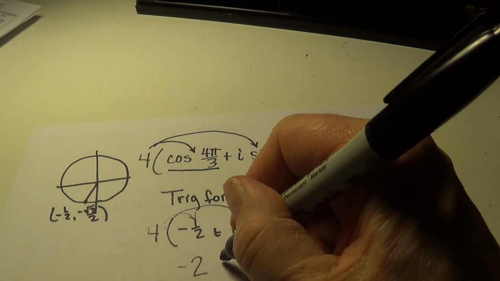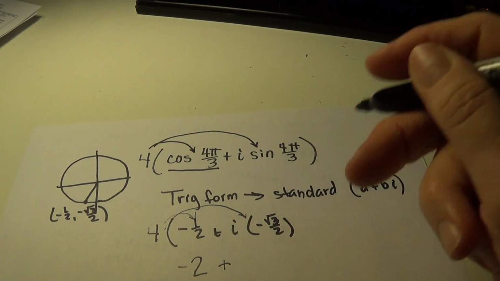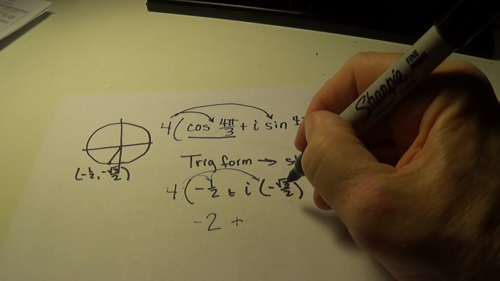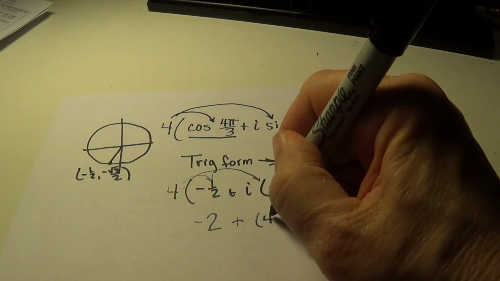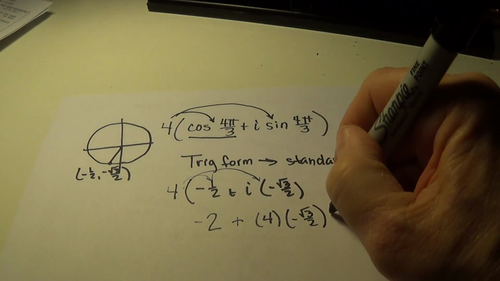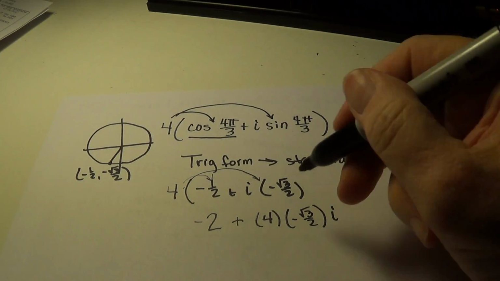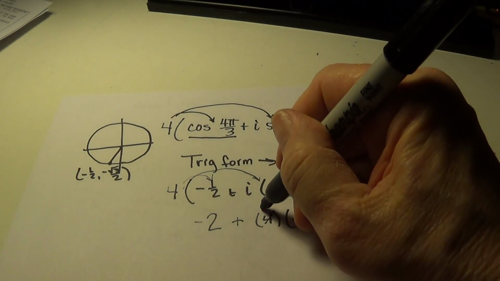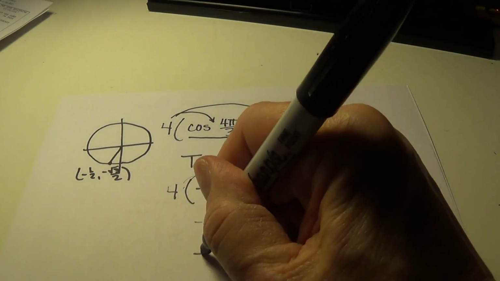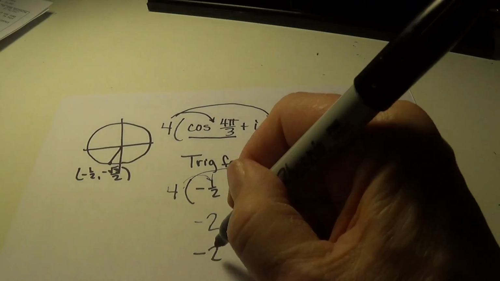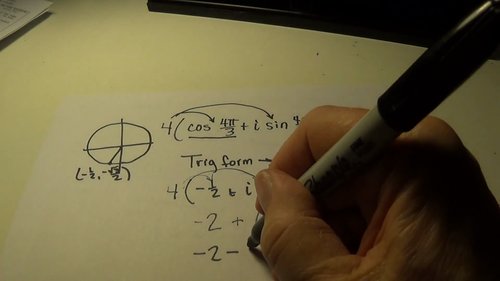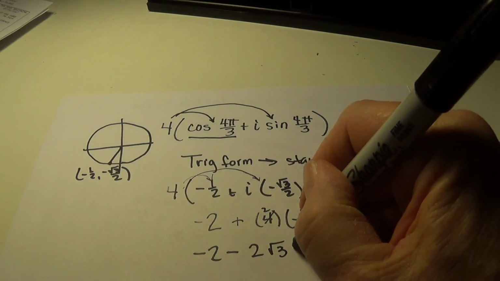What is 4 times minus square root of 3 over 2? So I'm going to write plus 4 times minus square root of 3 over 2, and there's still an i in that term. So this 2 will go into the 4 2 times, and it becomes minus 2 minus, because of this minus, 2 square roots of 3i.